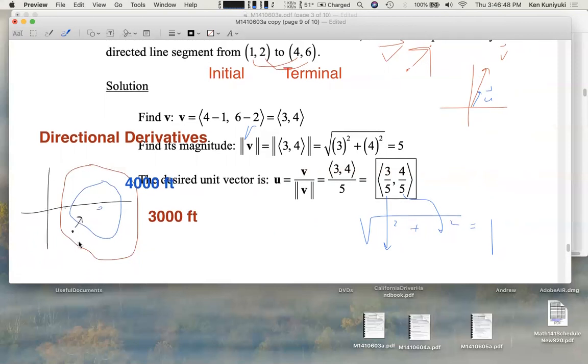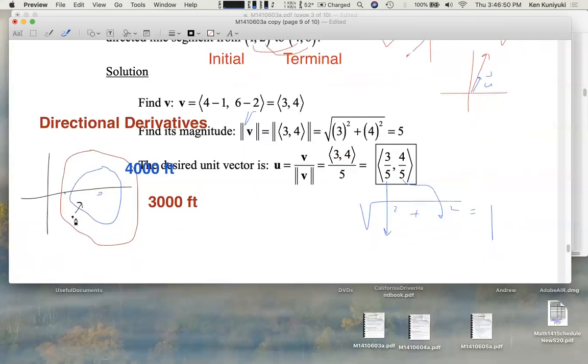So it's a measure of how steep the mountain is from this point that you're at. That formula involves a unit vector, the unit vector in the direction that you're interested in. You have a compass of radius 1. Everything's standardized. So if you give me a direction, then I know what vector you're talking about.